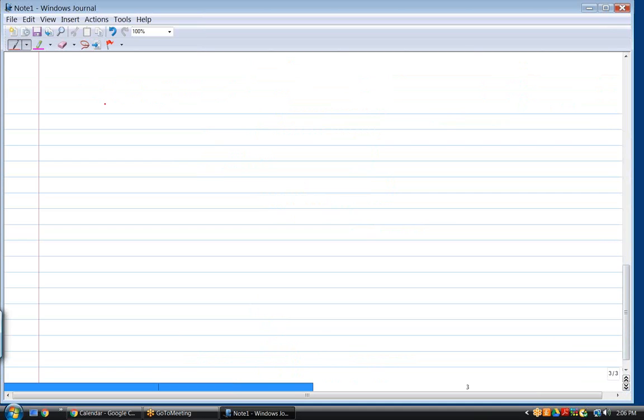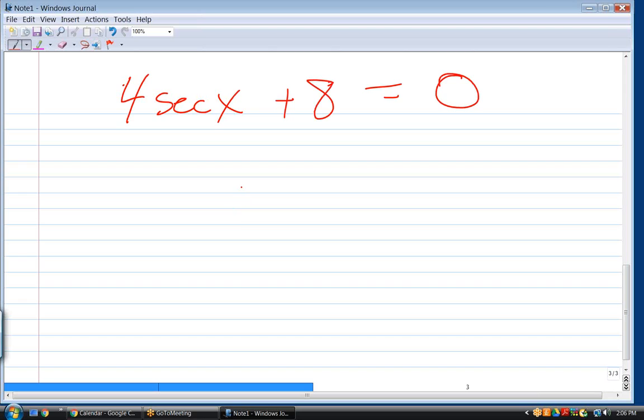The next one is 4 secant x plus 8 equals 0. Plus 8 equals 0? Yes. Okay, so secant x is equal to what? Shouldn't I subtract 8?